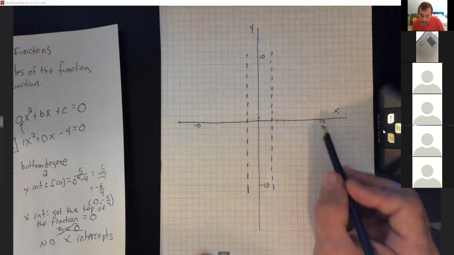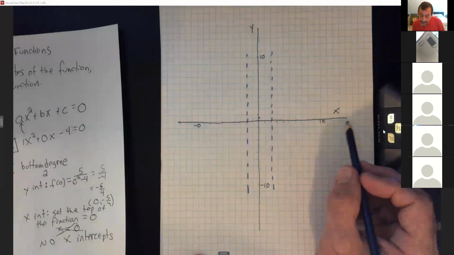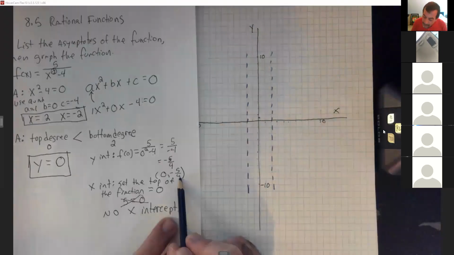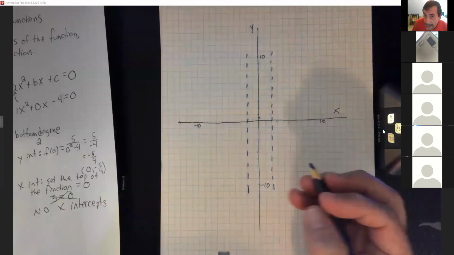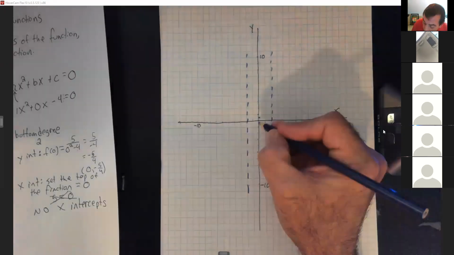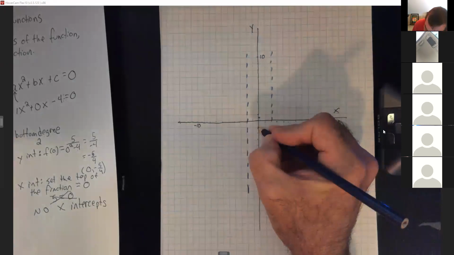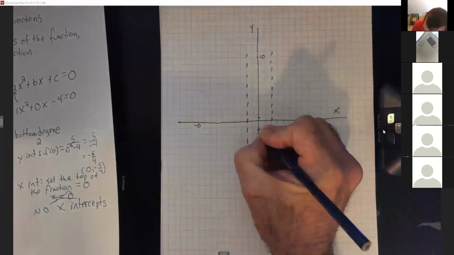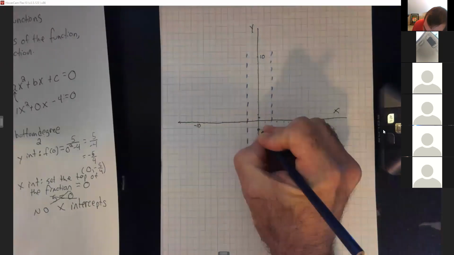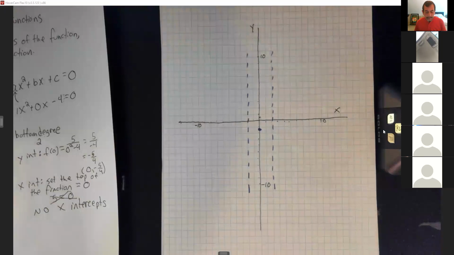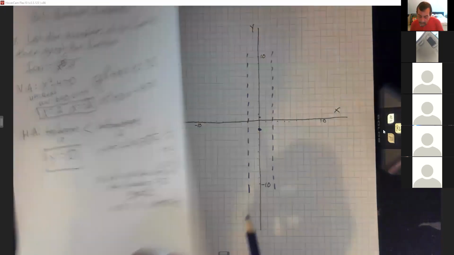But notice we did find the y-intercept, which we said was at (0, -5/4). So y'all, -5/4 is about a -1 1/4. So let me come down to my y-axis. There's -1. So -1 1/4 will be right past that -1 there. Now, we also said there were no x-intercepts.